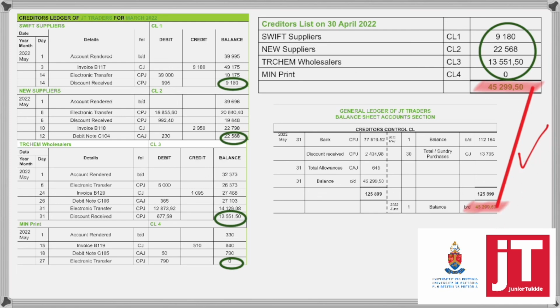And now you know you've done it correctly and your posting is correct. And that is how you know your internal control measure shows you that your posting has been done correctly and you are safe in terms of the correctness of your bookkeeping.